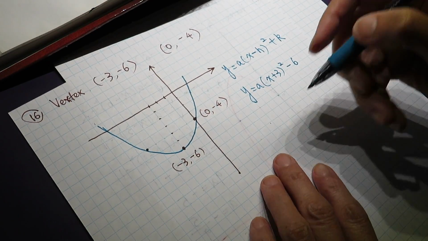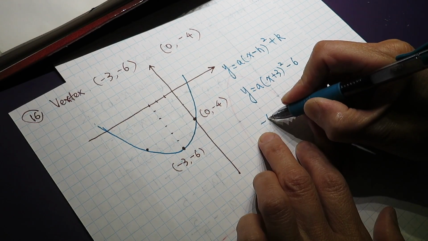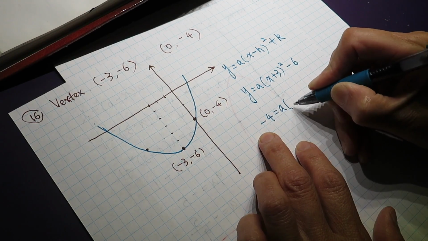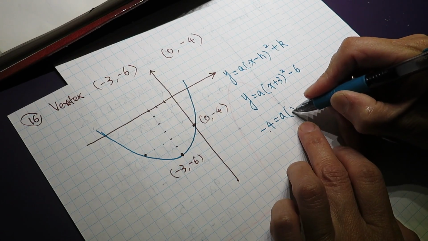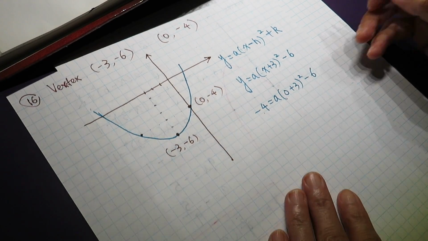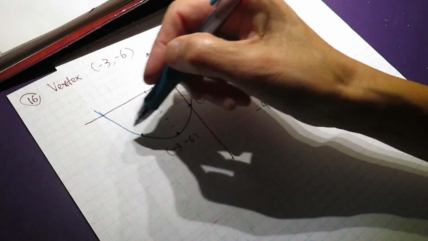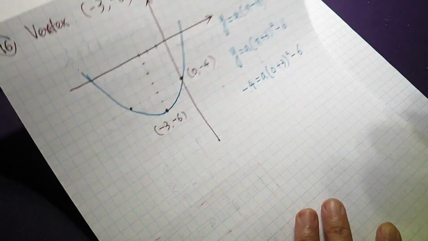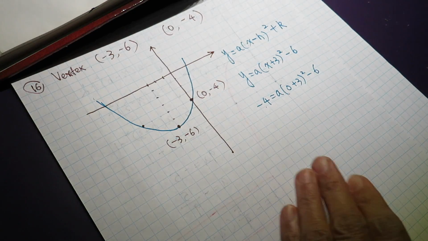Now we plug in y equals -4: -4 equals a times (0 plus 3) squared minus 6. Okay, so this is a positive number and smaller than 1. Let's see.